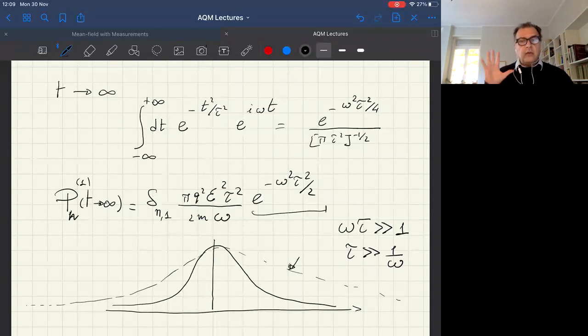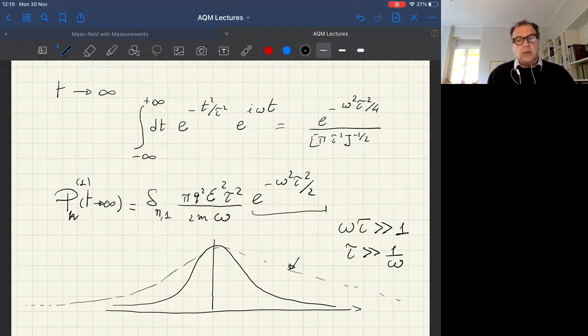Now, I want to compare the time scale of the external perturbation to the natural time scale of the system. And I have two well-defined limits.